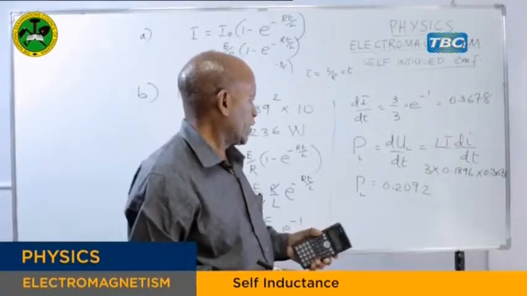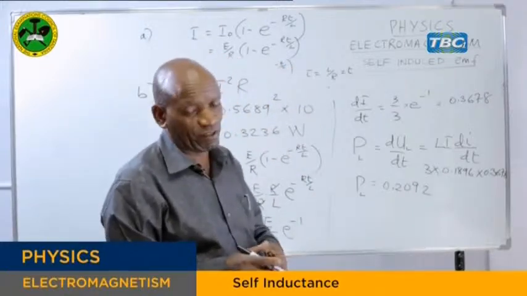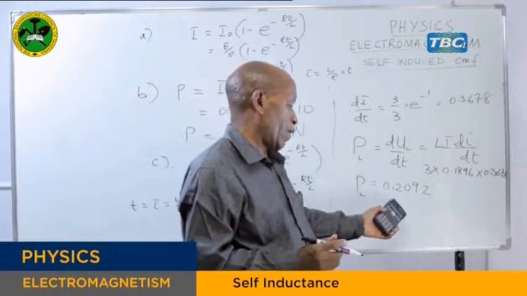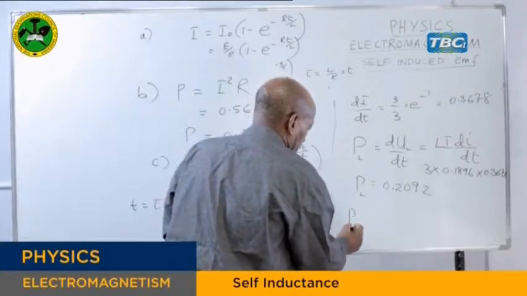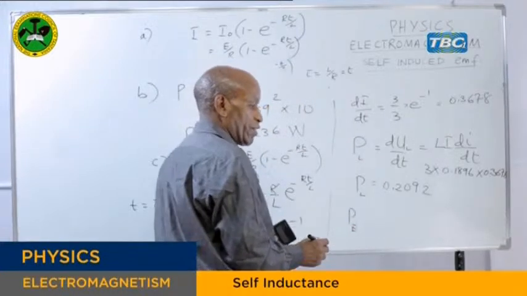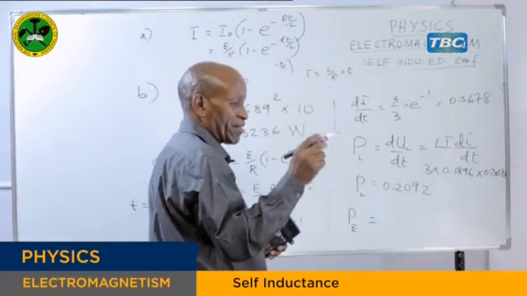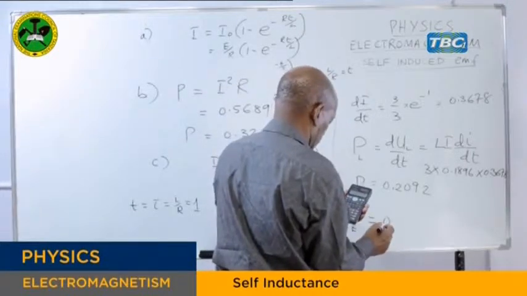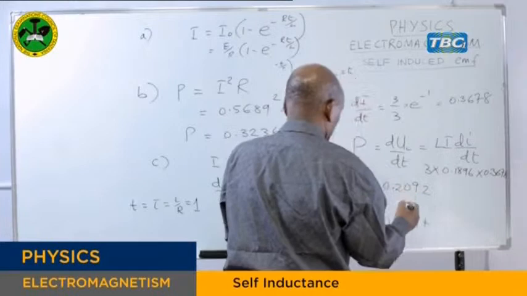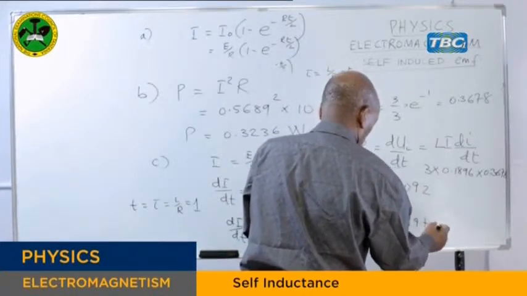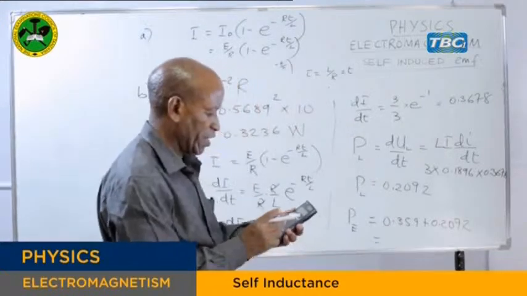So to obtain the rate at which the energy is being stored in the magnetic field, it's a sum total of this power plus the power which we had obtained earlier in part B. By the conservation of energy, the rate at which energy is being stored in the magnetic field, which is power, will be equal to the rate at which the energy appears as joule heat in the resistor, which is 0.359, plus this much, which we have already calculated here, which is 0.2092.